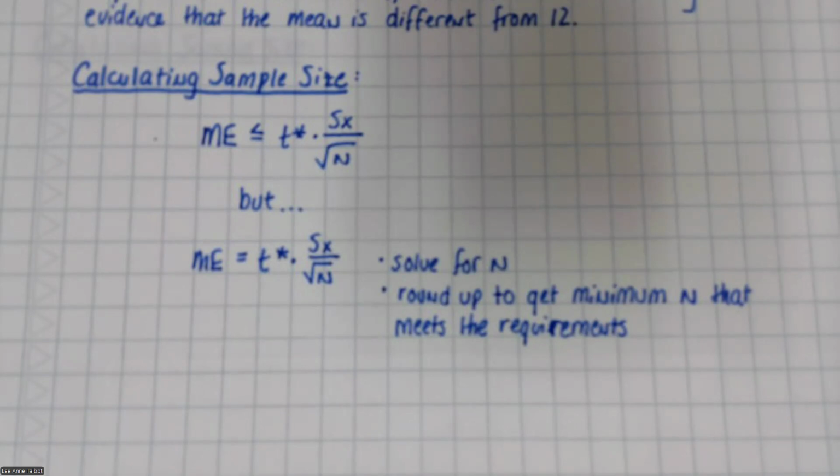Then it's going to give you some kind of sample standard deviation, and you're going to be like, how do you have a sample standard deviation before you know the sample size? That seems wrong, but I'm going to do it anyway. Then you're going to solve for n, take that answer and round it up to take care of the inequality bit. So you don't need to worry about the inequality. You're just going to do it, because you love me and I love you, even though we feel like, if they had all that information, why would they be solving for sample size? But it's okay.